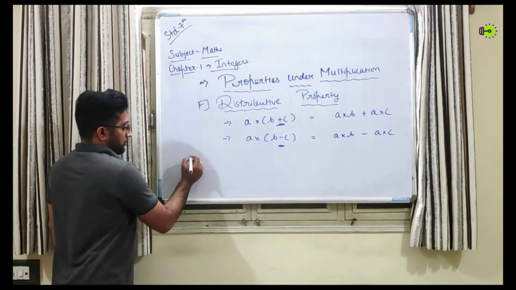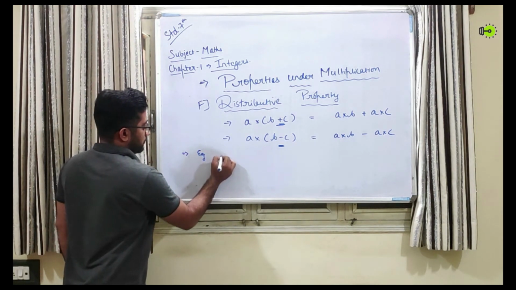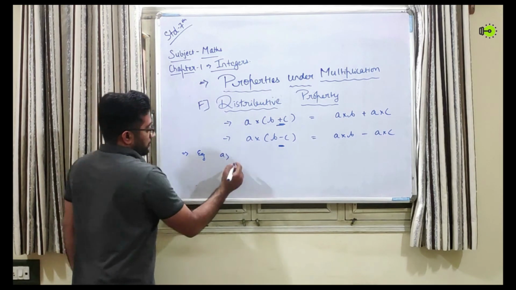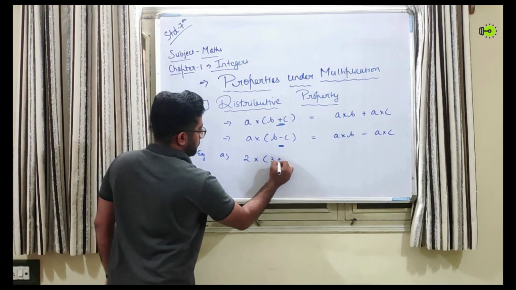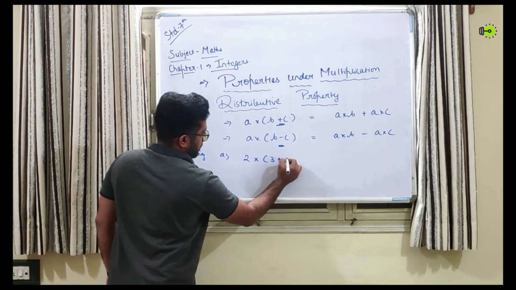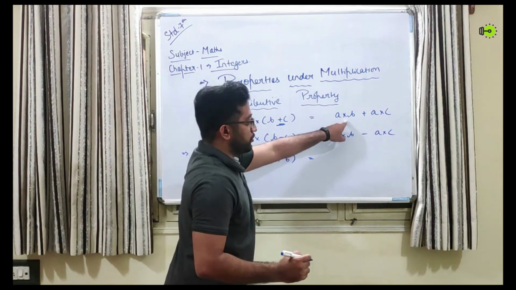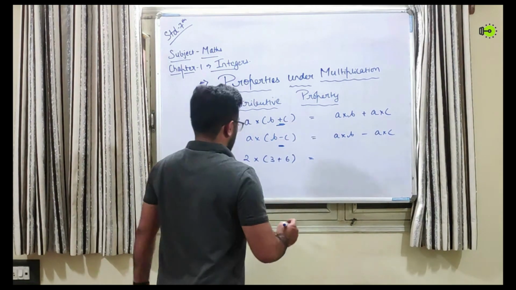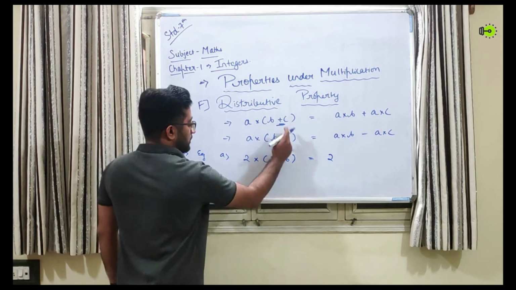So let us try to satisfy the same with the help of an example. Example number 1 here is 2 multiply (3 plus 6). Okay, we need to put the numbers in this form, that is, here our a is 2, b is 3, c is 6.